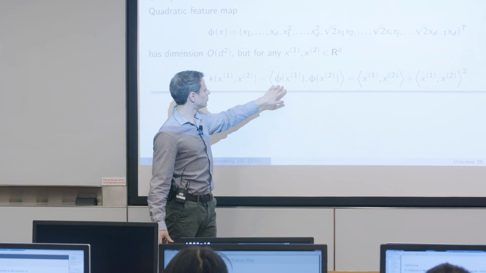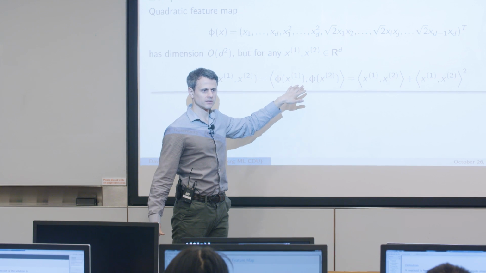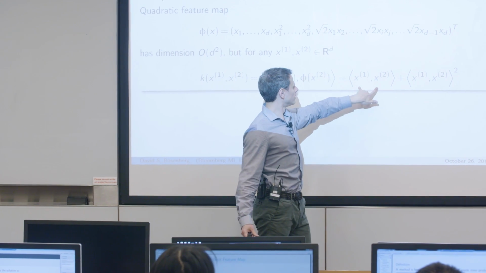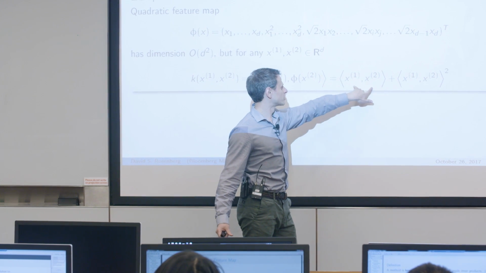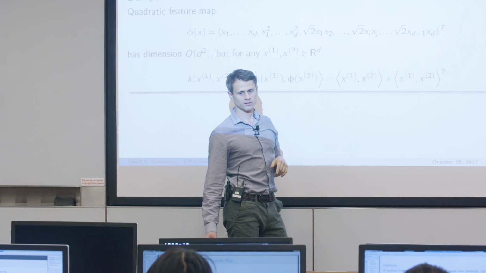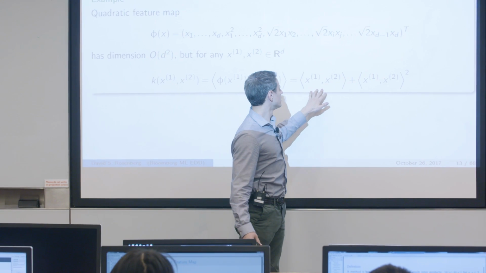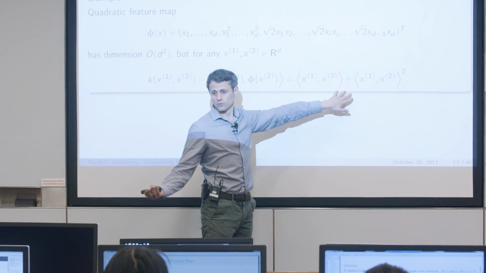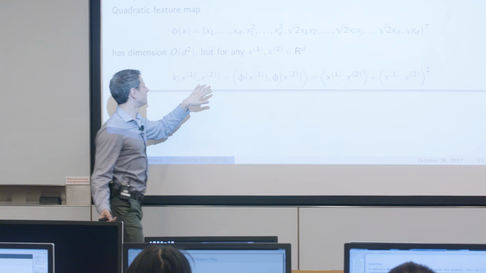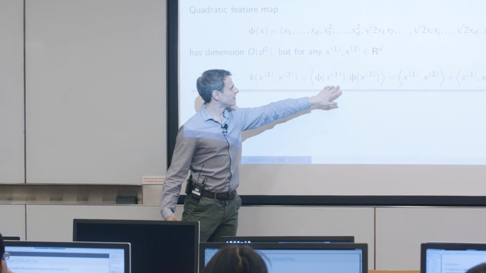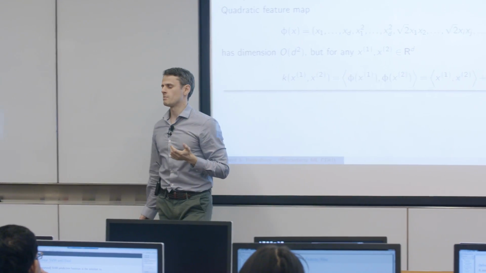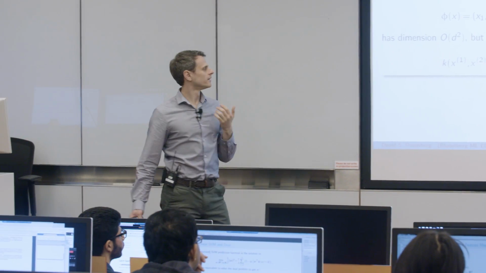So we're going to have to do order d squared multiplies and adds to compute this. But over here, how many multiplies and adds do we need to compute this inner product? Order d. And this is, again, order d. So with this method, order d to compute the value of this kernel. With the more naive approach, order d squared. That's a massive difference. That's a massive computational speed up.